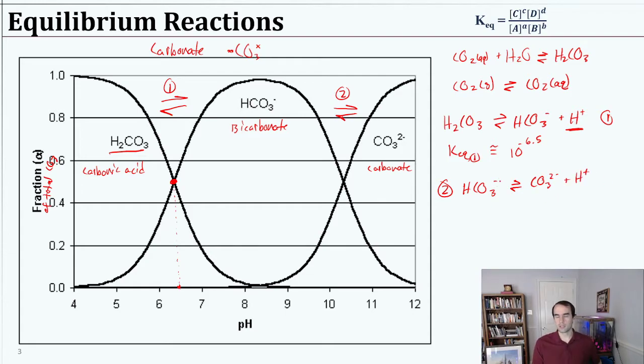And you'll notice that the charge in these systems has to be equal. So on the left side here, we have one negative charge. On the right side, pardon me, we have a 2 minus and a 1 plus. So the net here is -1, the net here is -1.